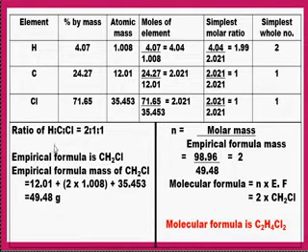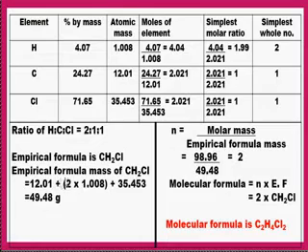So the ratio of hydrogen to carbon to chlorine is equal to 2 to 1 to 1. So you can write down the empirical formula as C1H2Cl1. So this is known as the empirical formula. The empirical formula is the simplest formula of the compound.